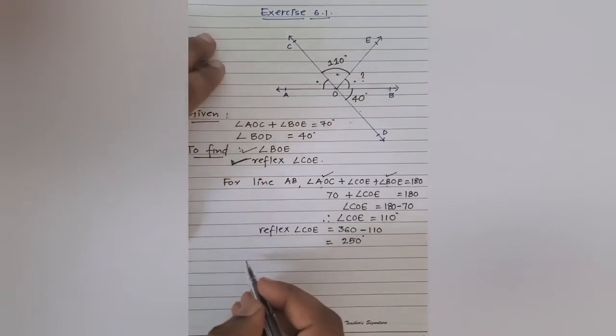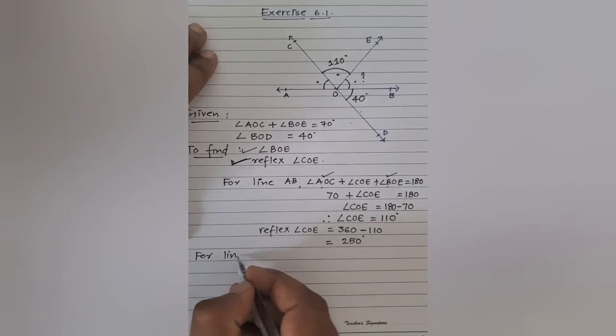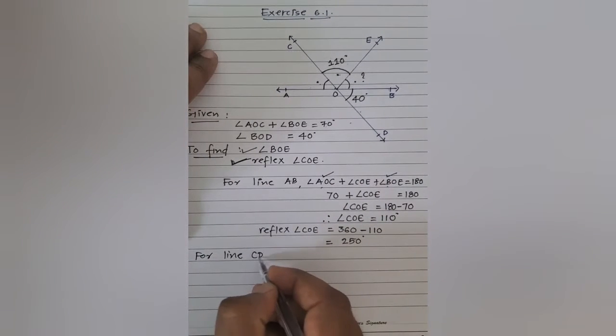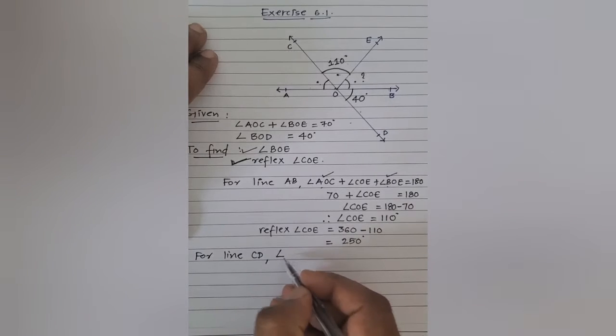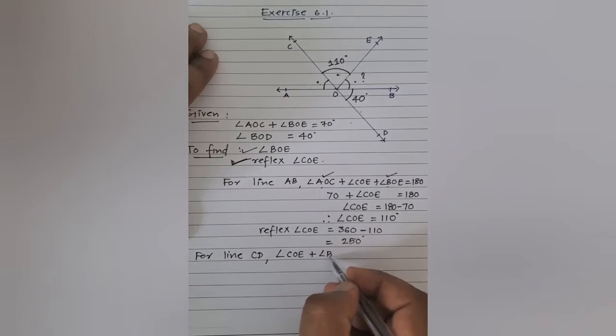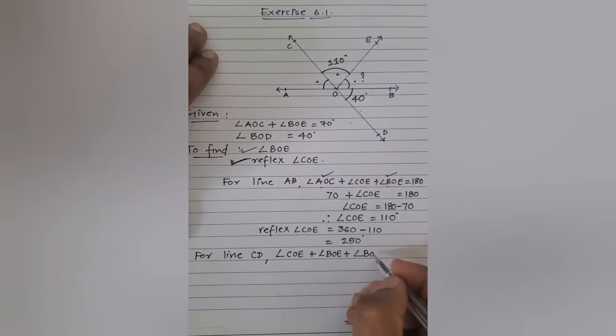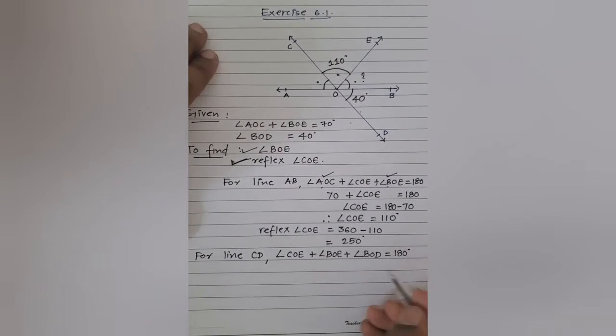So I will write here, for line CD, the straight angle would be the sum of COE plus BOE plus BOD, and it would be 180 degrees.